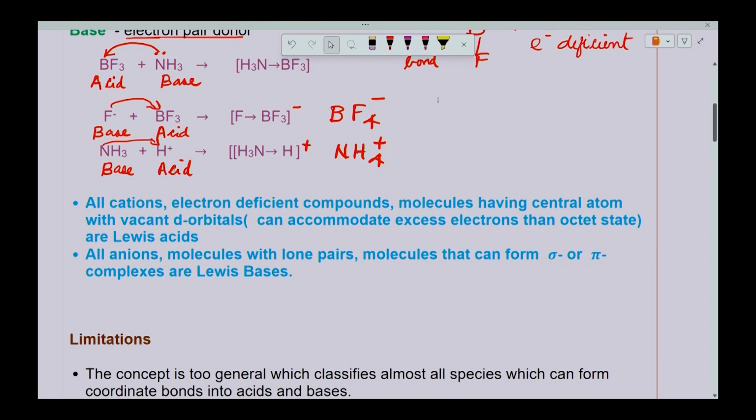Now, according to the Lewis concept, all cations are electron deficient, and molecules having a central atom with vacant d orbitals, mostly metals, can accommodate more electrons than the octet. That is, even though they have an octet state, they can accommodate electrons in their vacant d orbitals. Such atoms, and those atoms which form such molecules, can act as Lewis acids.